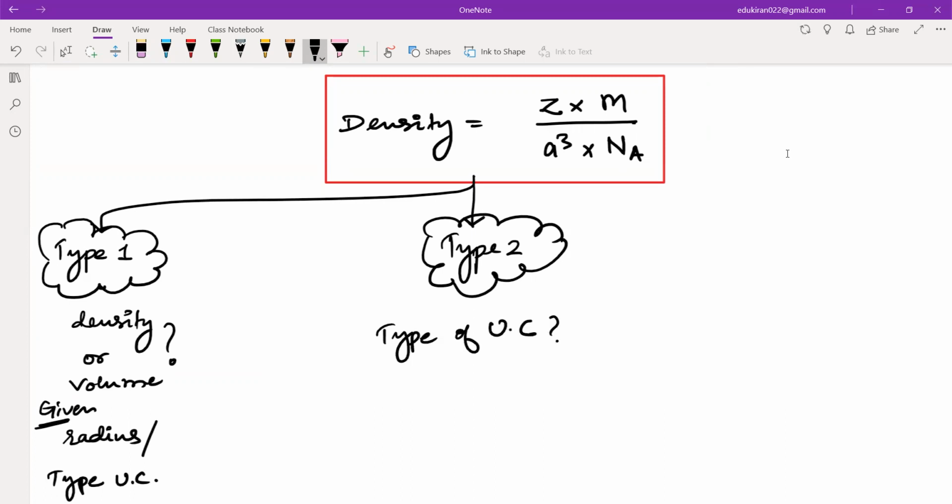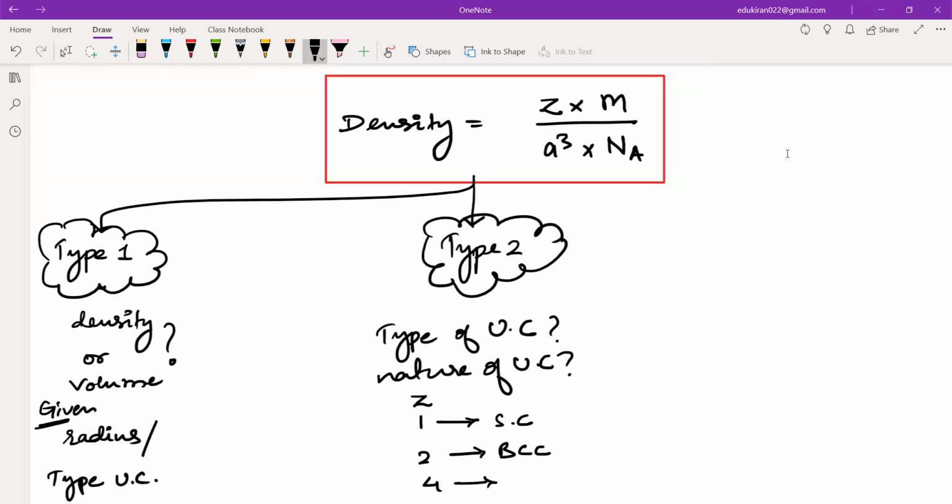They will ask what is the type of unit cell, or what is the nature of unit cell. So how will you know the type or nature? You will calculate the Z. If Z is equal to 1, that is simple cubic. If it is 2, that is BCC. If it is 4, then it is face centered, right? So indirectly they are asking you to calculate the Z.